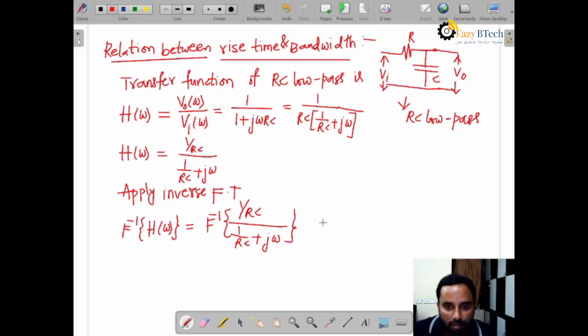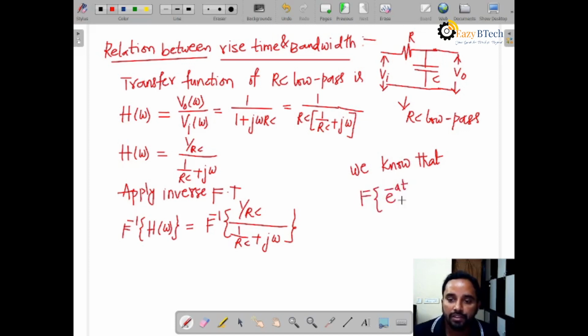We already know that the Fourier transform of e power minus at u of t is 1 by a plus j omega.